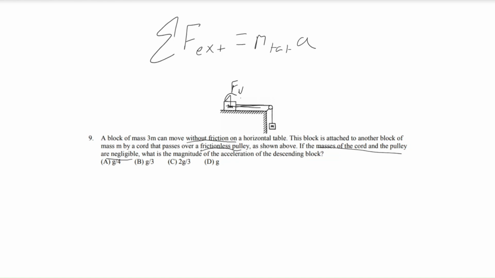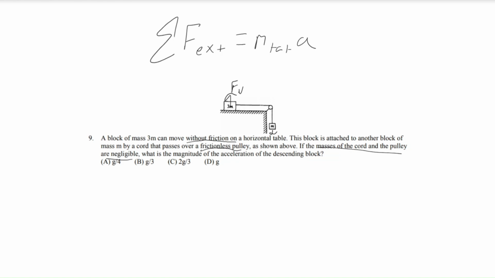The vertical portion is only the normal force, so that's not going to help us at all. But looking at our small block of m right here, we can see that we have a force of gravity acting downwards. And looking anywhere else, that's the only thing that's acting on the object, giving us any movement.